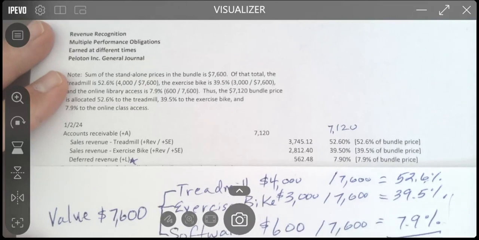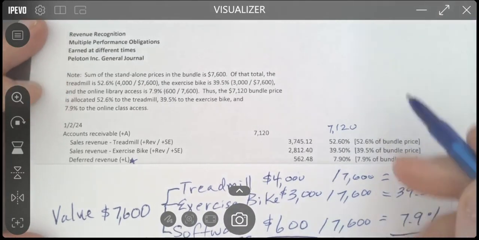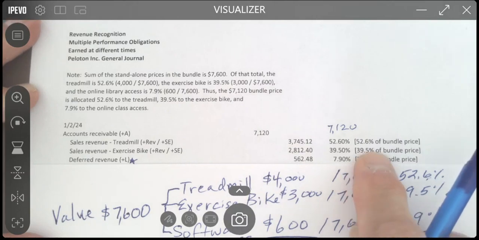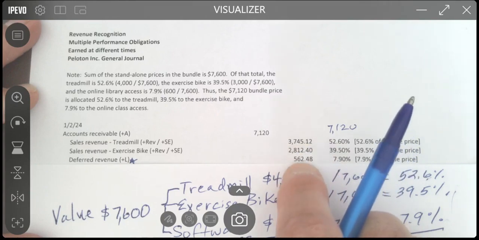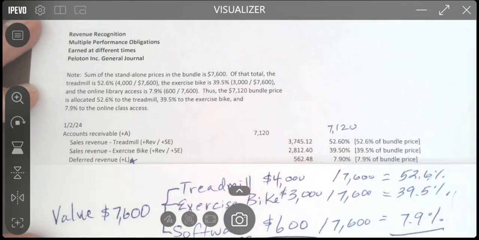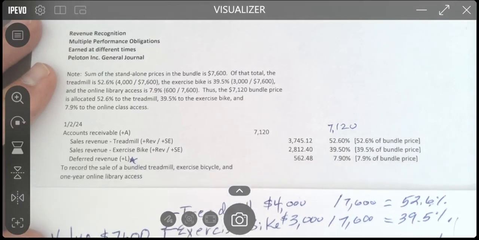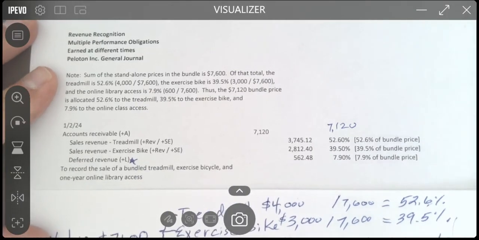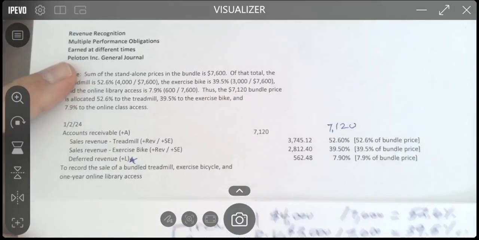We used a pro rata to allocate the savings because the customer was willing to do the bundle price, was to buy all three. We allocated the savings for the customer to all three performance obligations, all three goods/services. And so that is to record the sale of a bundled treadmill, exercise bike, and 1 year online library access.